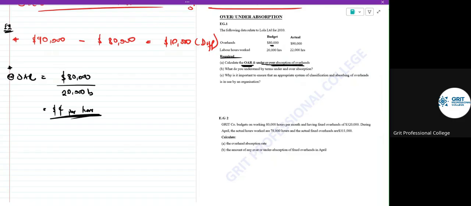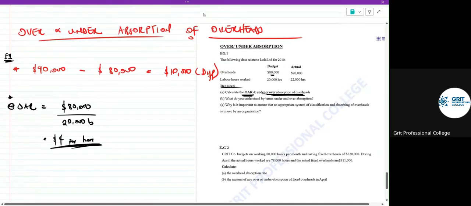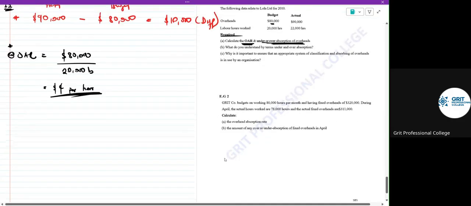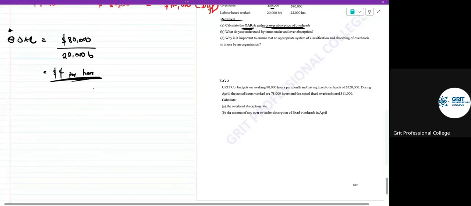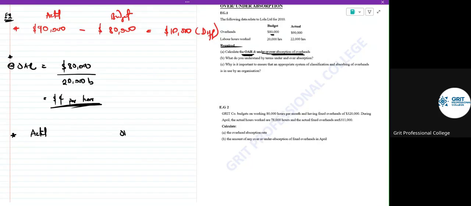Okay. So it now says we should calculate whether there has been an over or under absorption. So let me write here. So this is actual, and this is what? Budget. And we had a difference of 10,000. In calculating whether we have an over or under absorption, what we actually need to do is compare the actual versus something we call the overhead absorbed.